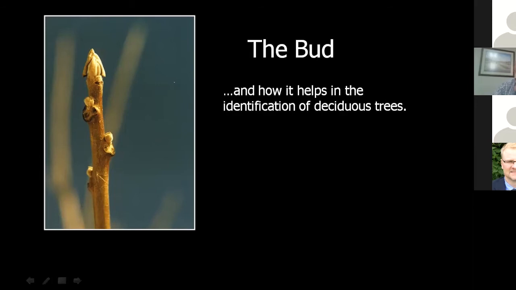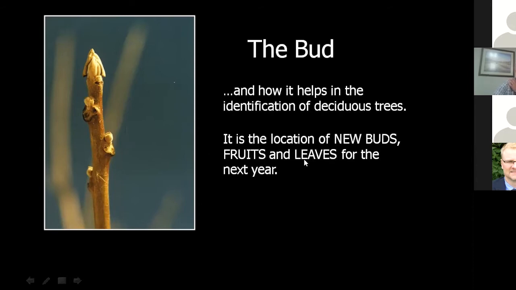But this is a walnut twig, and I wanted to show you that we need to think about and look at the buds. This is the terminal bud. Remember back in the winter ID, we talked about the terminal bud, and these are lateral buds. But you need to find those buds to help in the identification of a deciduous tree. Also, this is where the new leaves are coming from.